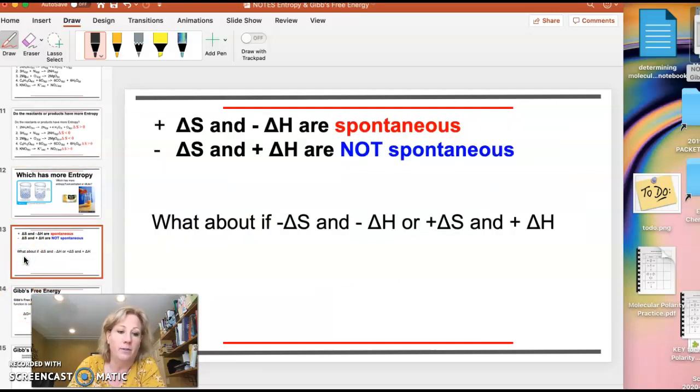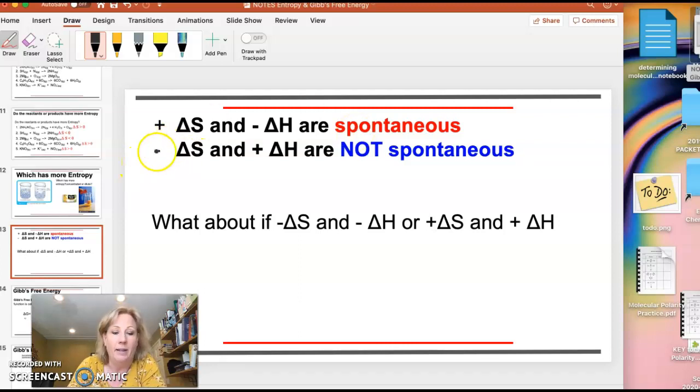So in all, so far we've talked about entropy being positive or increasing is good. The universe wants this. Negative or exothermic reactions are also more common. So if I have something that's increasing in entropy and it's exothermic, it is going to be spontaneous. It doesn't mean it's going to be an explosion, but that reaction is going to happen.